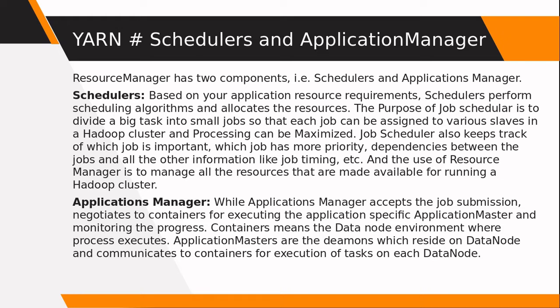The job scheduler also keeps track of which job is important, which job has more priority, dependencies between the jobs, and all the other information like job timing, etc. And the use of Resource Manager is to manage all the resources that are made available for running a Hadoop cluster.